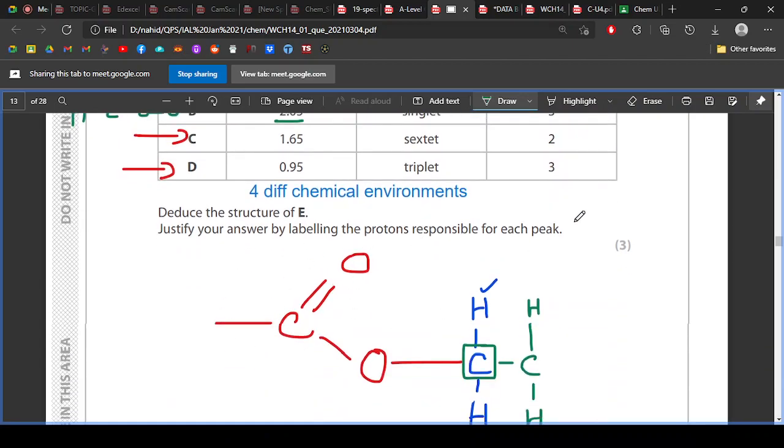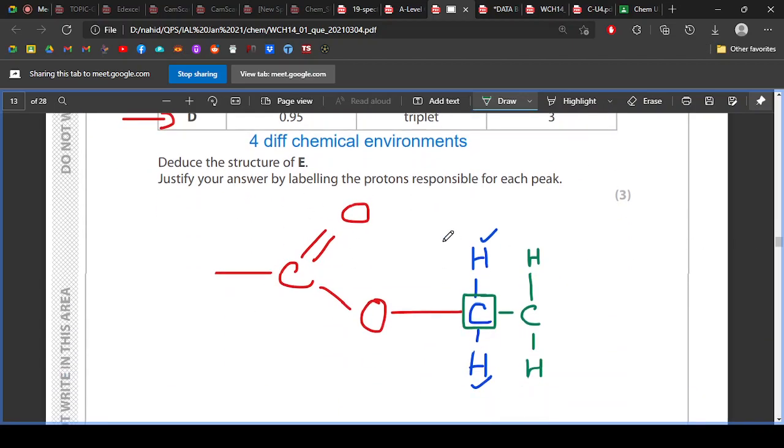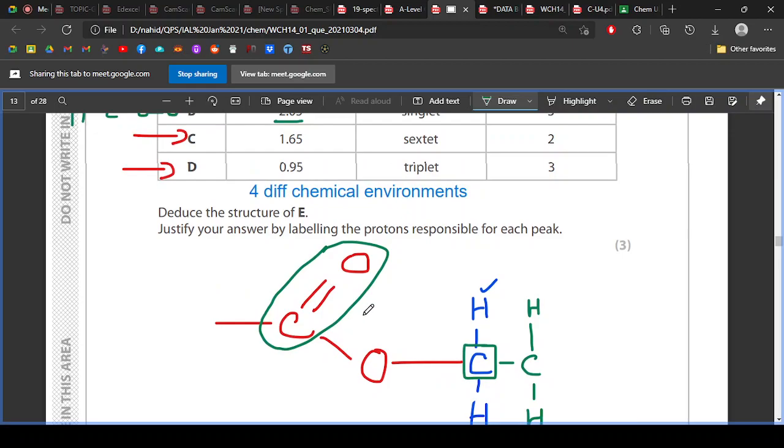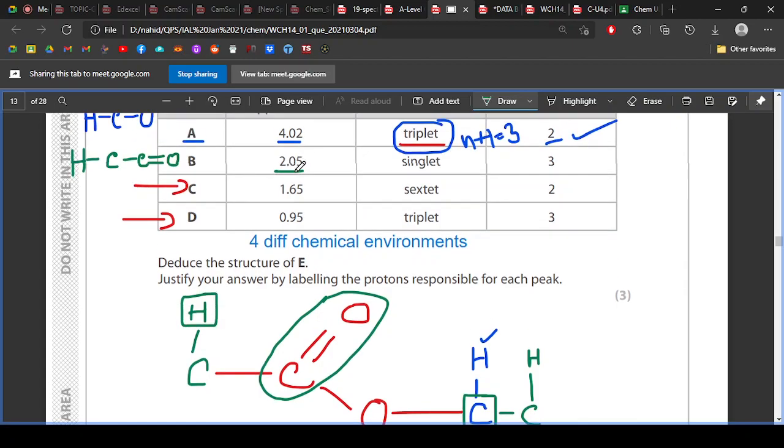Where is the C double bond here in this structure? There's only one C double bond O. That means this must have a carbon which has a hydrogen, and this hydrogen was giving you the signal at 2.05.